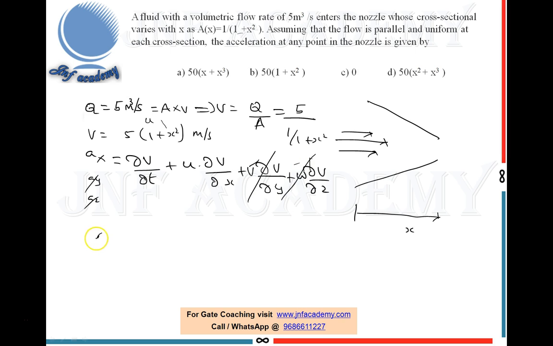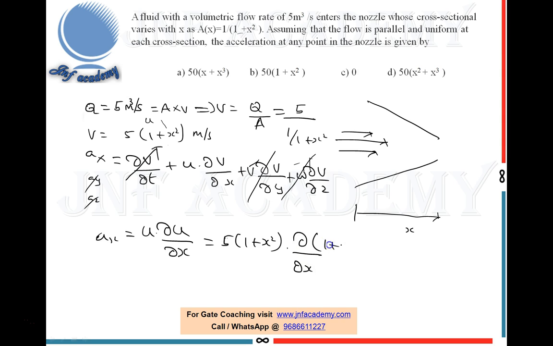So the acceleration is now, and it is not time dependent, so dou u by dou t will also go out. It's now just u into dou u by dou x, which is nothing but, what is u? We already know 5 into 1 plus x square, into d by dx of 5 into 1 plus x square.